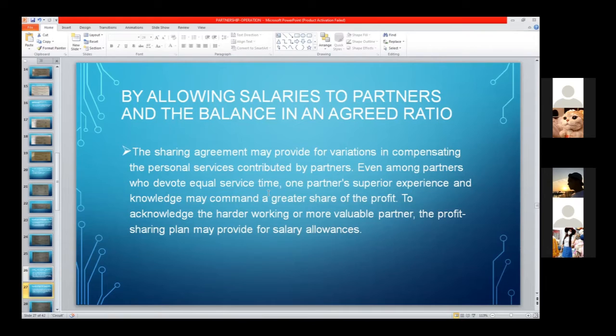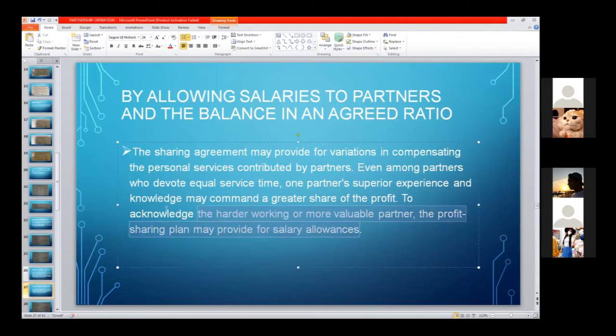So, meron ba kayong nakikilalang partner dito? Sinong partner kaya yun? Sabihin natin, si industrial partner. So, to acknowledge the harder working or more valuable partner, the profit sharing plan may provide for salary allowances.